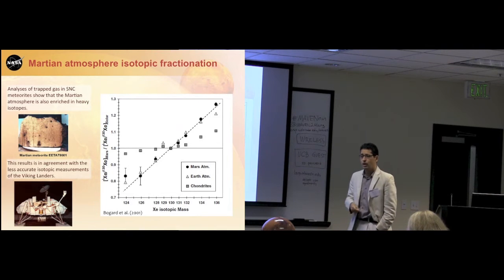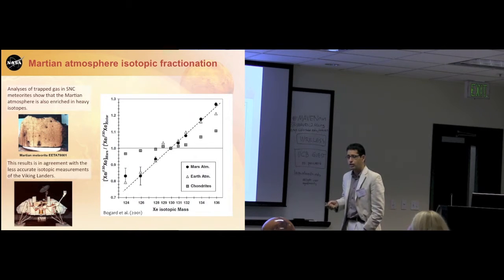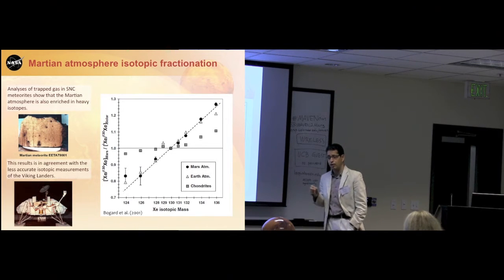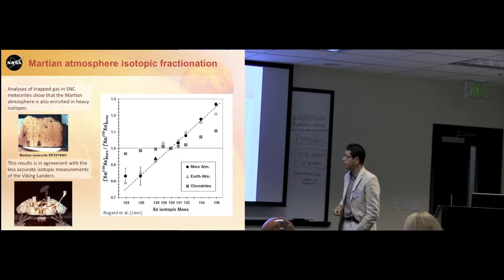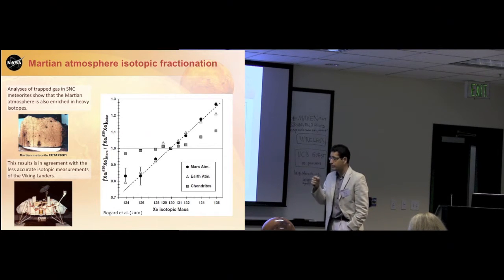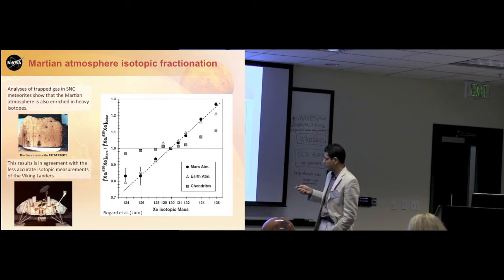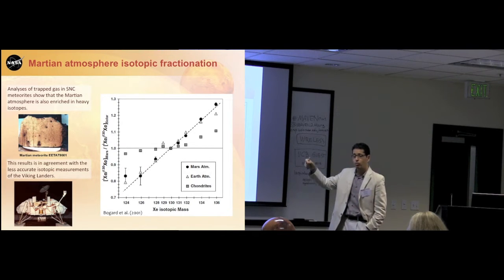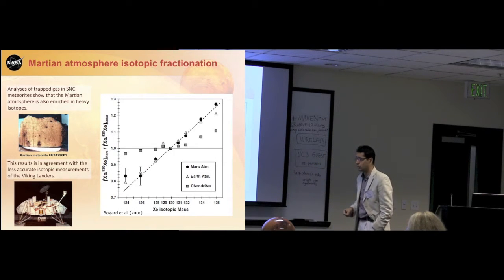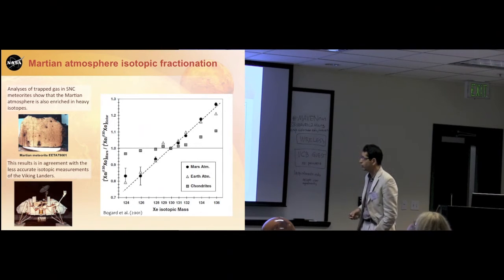When they formed, they had some glass inclusions that had some of the Martian atmosphere of that time trapped in them. And then those Martian meteorites made their voyage to Earth. And so today, by sampling the gases inside these meteorites, we're looking at the atmosphere at the time where that meteorite formed on the surface of Mars.